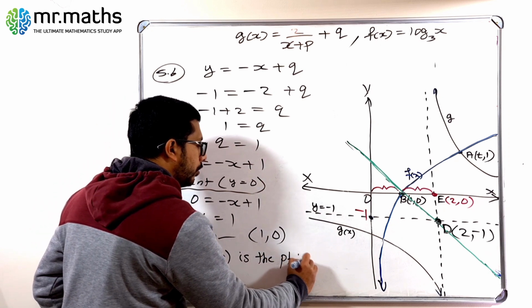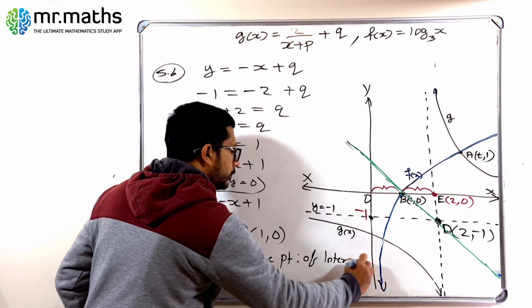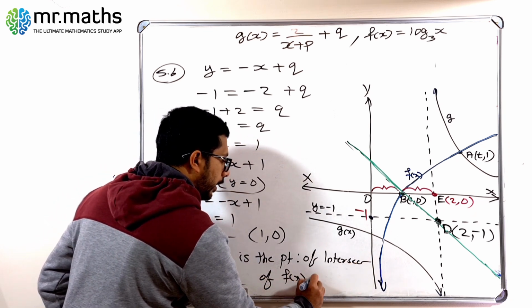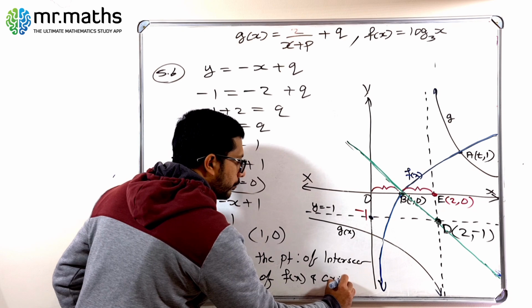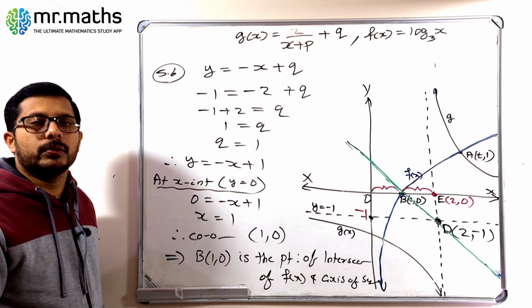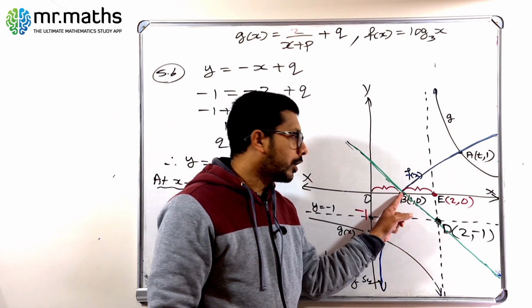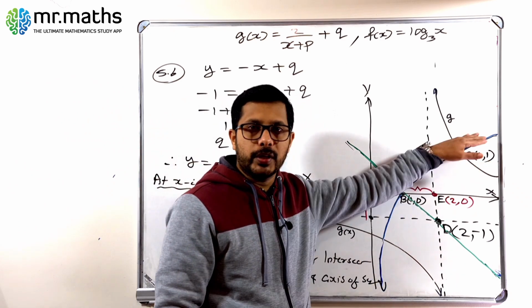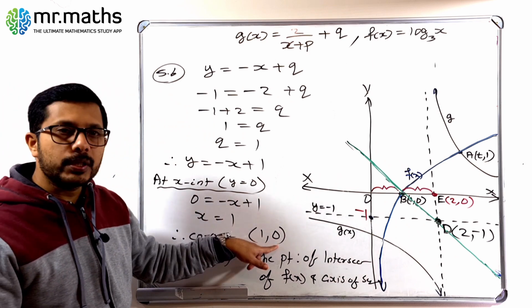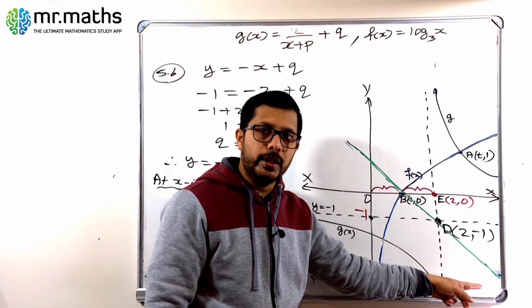So it implies that B (1, 0) is the point of intersection of f(x) and the axis of symmetry. Listen once more. It is given in the question that this B (1, 0) is a point on f(x). Now we proved that this (1, 0) is a point on this axis of symmetry having negative gradient also.